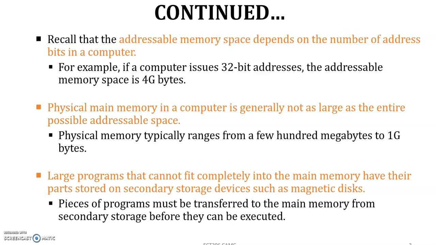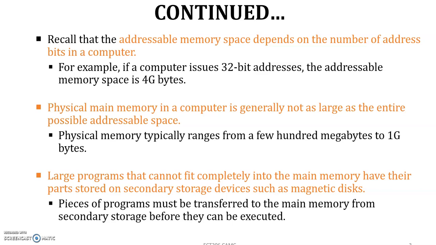So larger programs cannot fit completely into the main memory. A part of the program will be stored in the main memory and the other part will be stored in the secondary storage, such as a magnetic disk or hard disk. A piece of a program must be transferred to the main memory from the secondary storage before it can be executed.